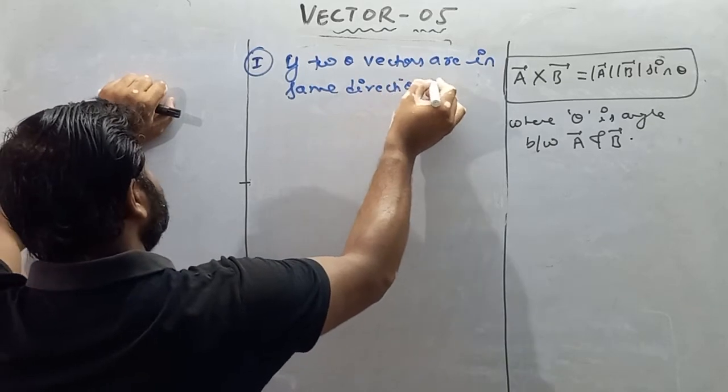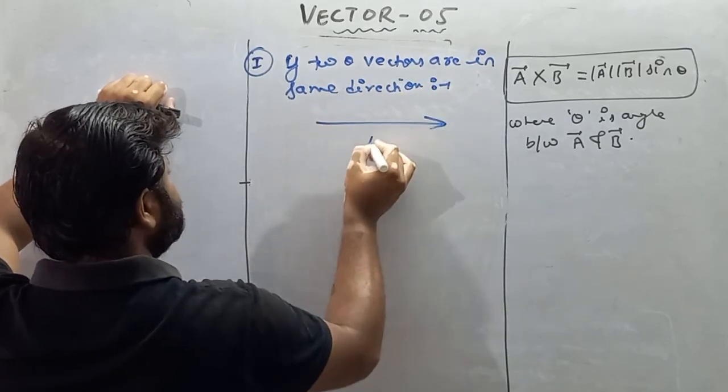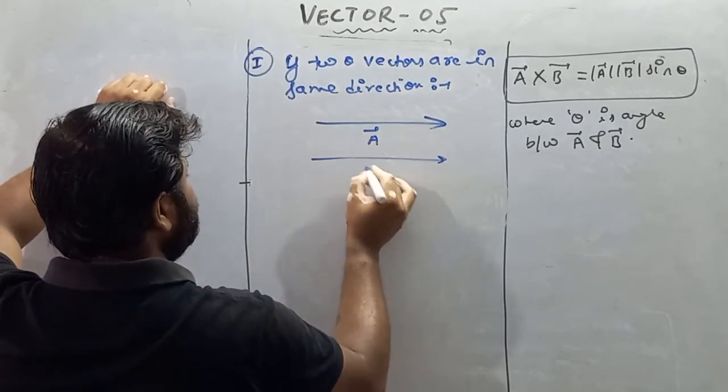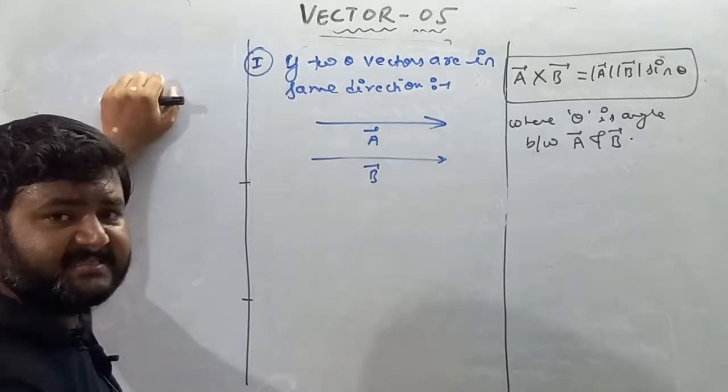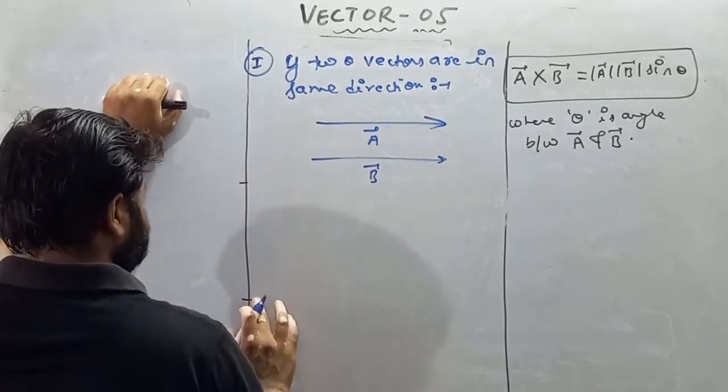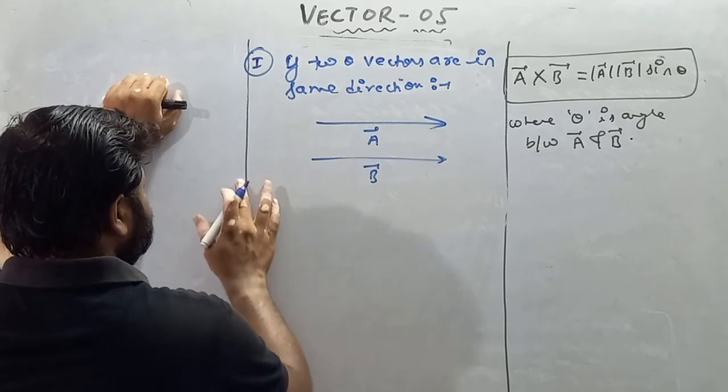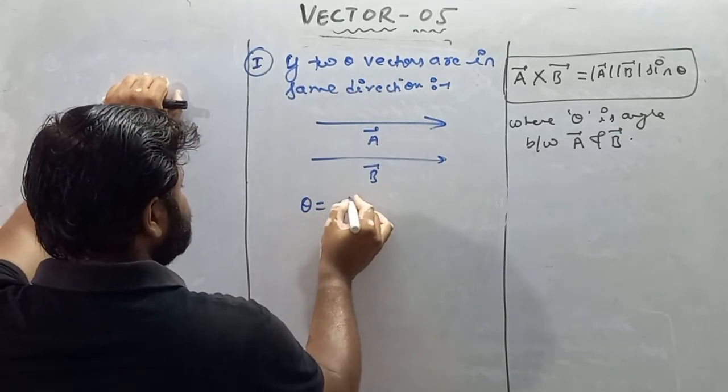So if two vectors are in the same direction, let's suppose this is our A vector and this is our B vector. Both the vectors lie in the same direction. So we know that for the same direction, the angle between A vector and B vector is 0 degrees.